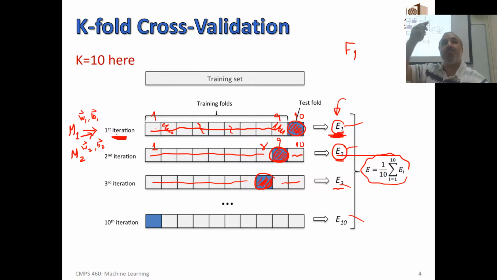Which model should we use? There are two ways. One is to use the model that got the best performance, or retrain a new model on the entire data, not just on 9 folds. Nothing will prevent you from doing that.